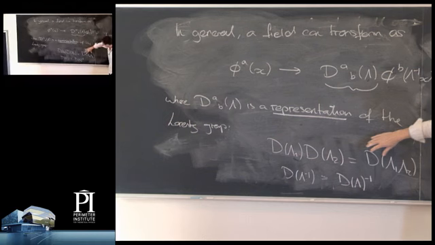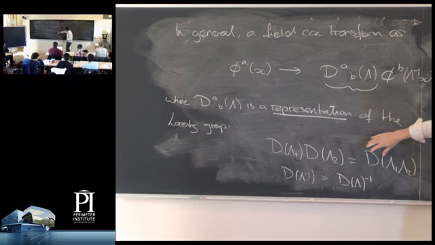So what I've got here is the fact that I want some matrices D, which basically have the same properties as the standard matrices lambda that we use to describe Lorentz transformations. In particular, for every lambda, I want to associate a D. If I take two Lorentz transformations in a row, lambda 1, lambda 2, the matrix D associated to that is equal to the matrix associated to lambda 1 multiplied by the matrix associated to lambda 2.